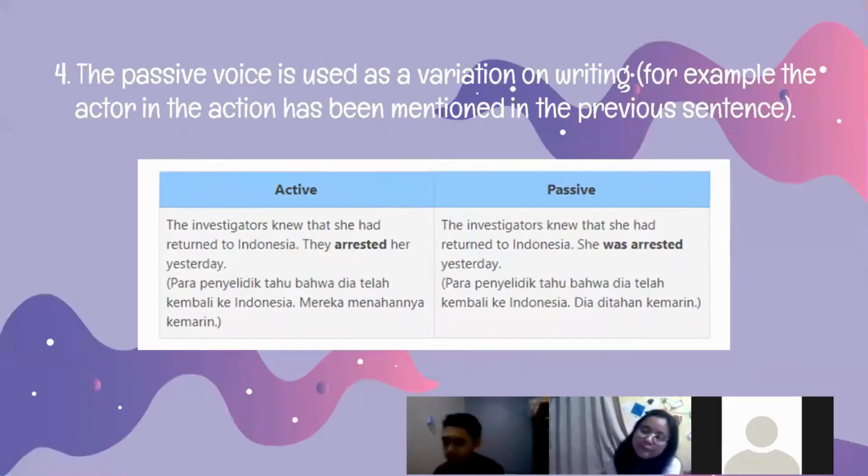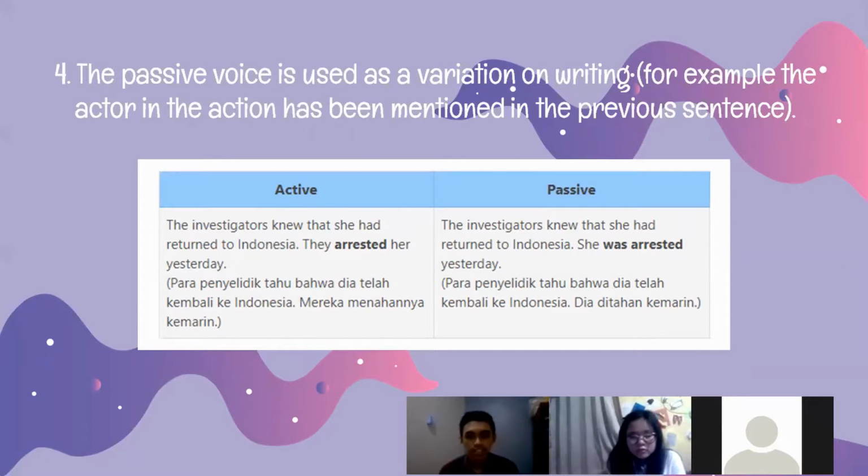Lalu nomor 4. Number 4 is the passive voice is used as a variation in writing. For example, the actor of the action has been mentioned in the previous sentence. For example, the active voice: the investigators knew that she had returned to Indonesia. They arrested her yesterday.